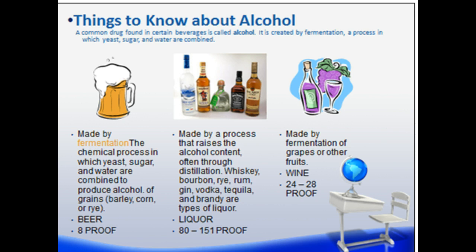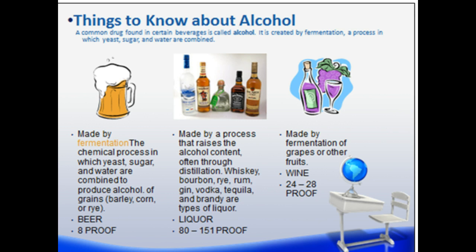Beer is made by fermentation. Again, the chemical process in which yeast, sugar, and water are combined to produce alcohol. Beer can be as low as 8 proof or higher.